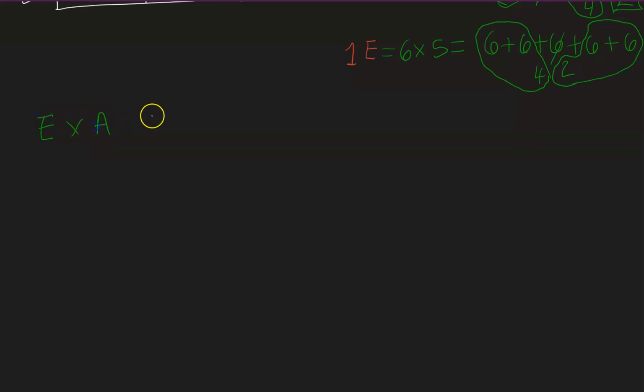E times A. That is 10 groups of 14. Okay, so let's think about having 10 E. 1, 2, 3, 4, 5, 6, 7, 8, 9, 10.